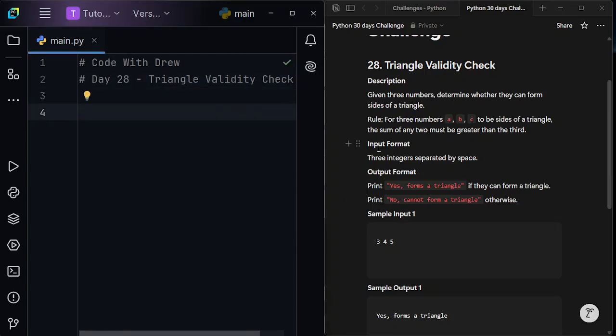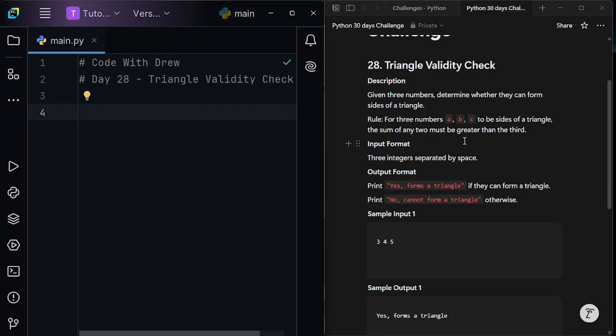So what we're going to be doing today is a triangle validity check. Given three numbers, determine whether they can form sides of a triangle. The rule is that these three numbers A, B, C are the sides of this triangle. The sum of any two sides must be greater than the third itself.